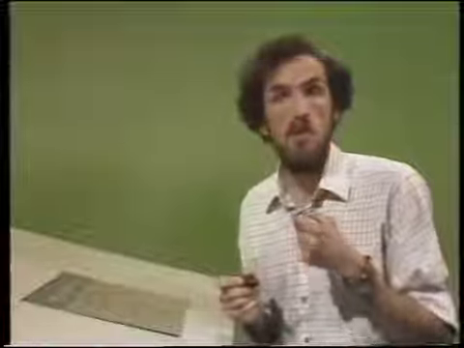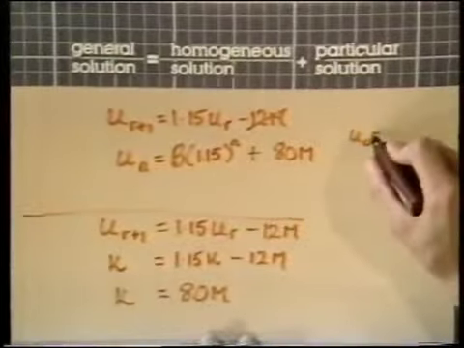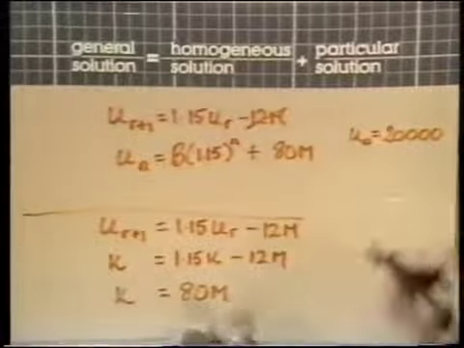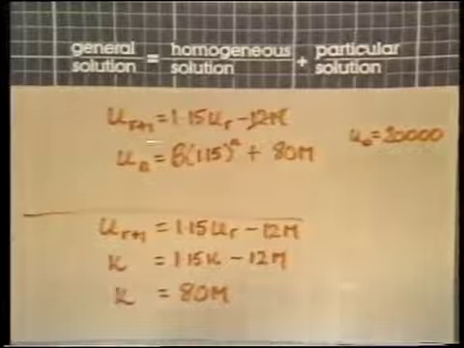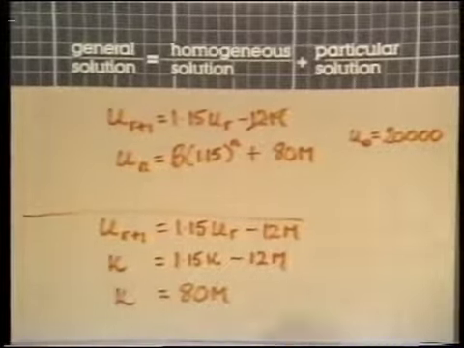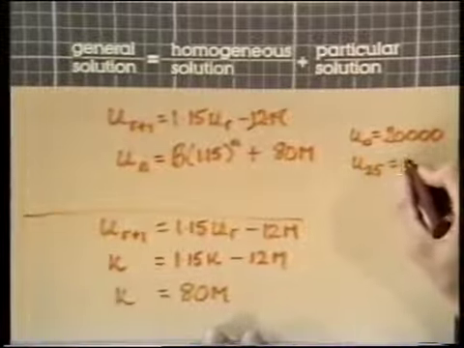Well, we know that the initial value, U0, the mortgage we started out with, was £20,000. So we write U0 is equal to 20,000. And after 25 years, we should have paid it back. This gives us U25 equals 0.